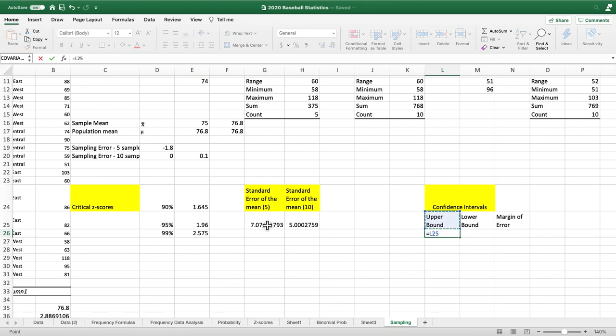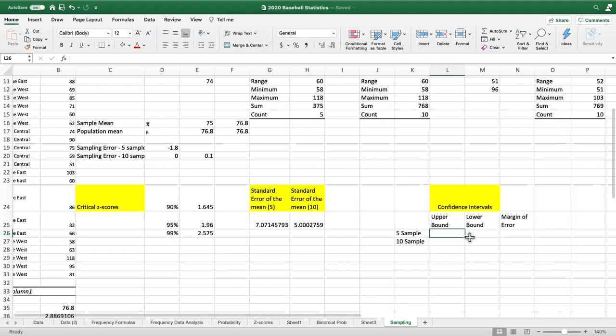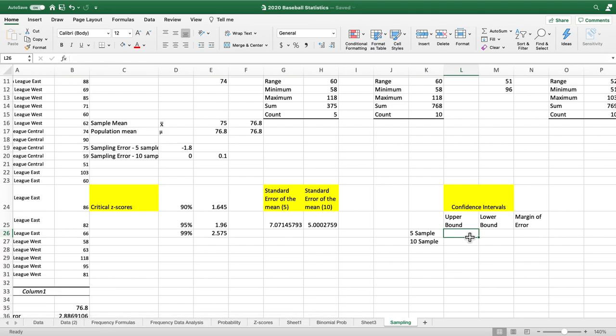This will be my upper bound for the 5 sample, and then we'll have our 10 sample, just for a little more clarification. So we're calculating an upper bound. We hit equals, and we want to start with our sample mean.